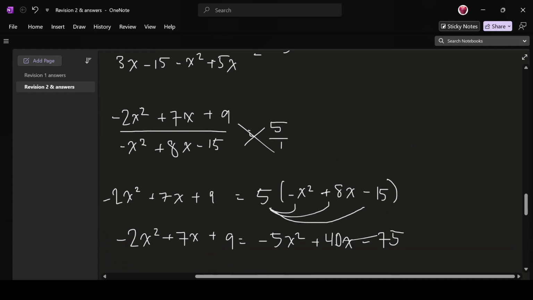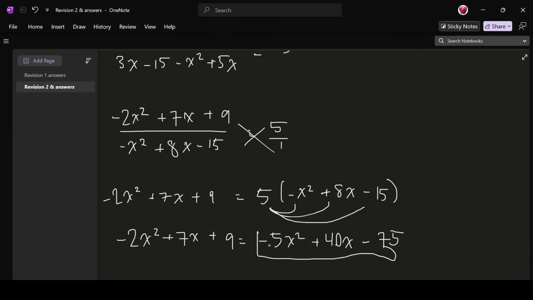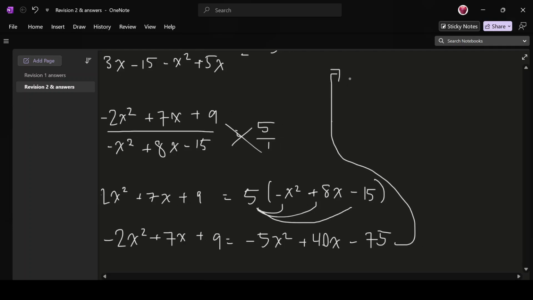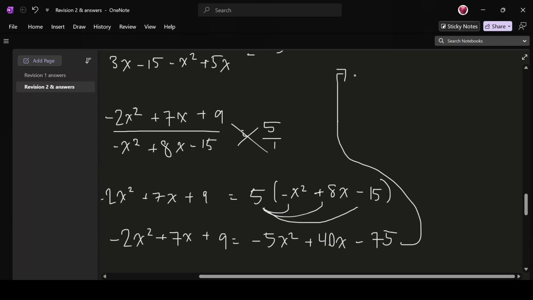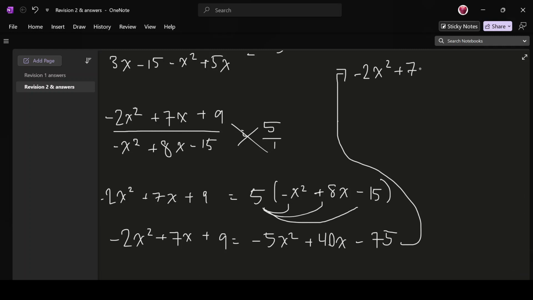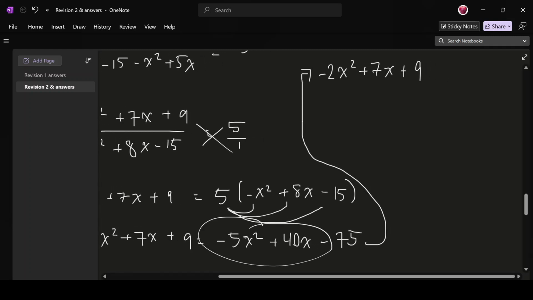Alright, now we just make this equation equal to 0. How do you do that? Well, you move all of this stuff to the other side. So yeah, let's do that right now. So, the left hand side, we still keep this stuff. The 7x plus 9. But then, we move these to the other side.